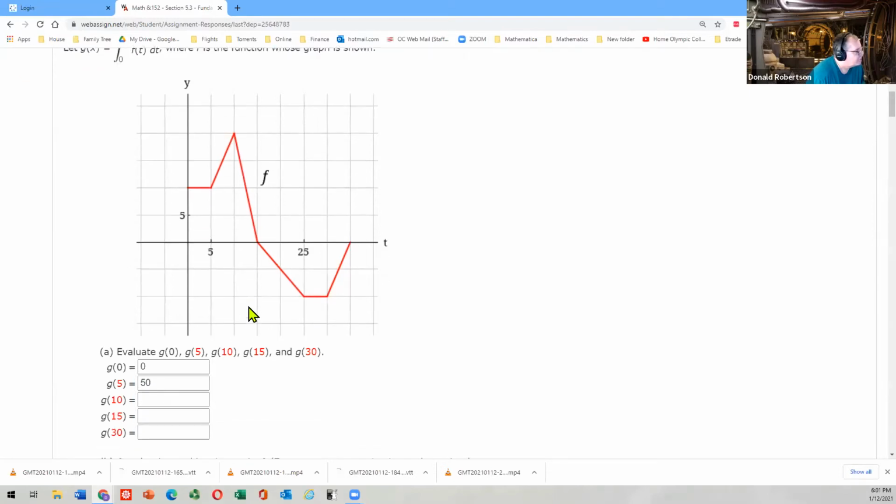Okay, so what's the next one? I want to find G of 10. So 0, 5, 10. So it's here. So you can imagine a vertical line going here. And we're trying to find the area of all of this stuff over here. I would probably split this as a square and a little triangle stuck on top.